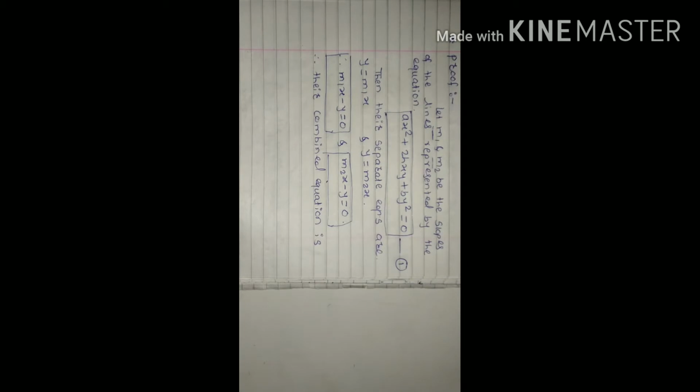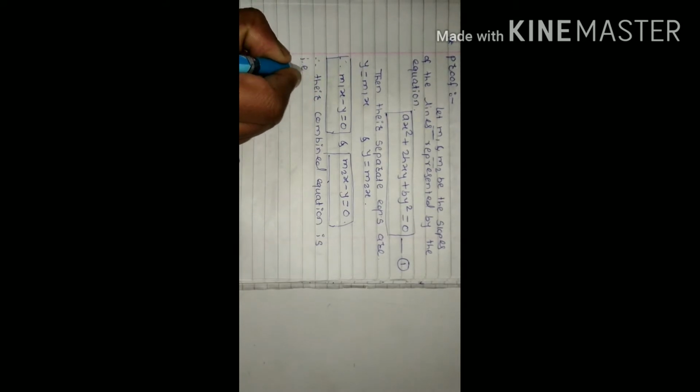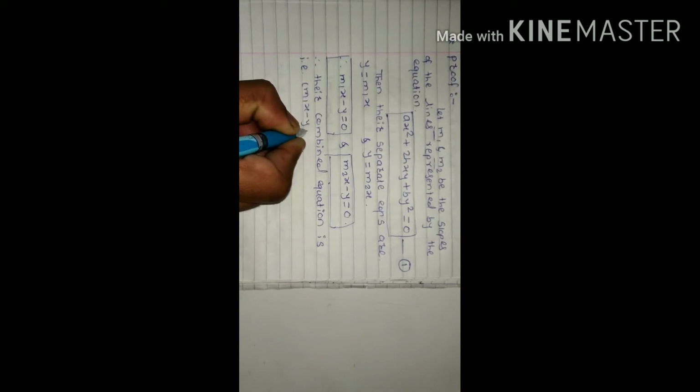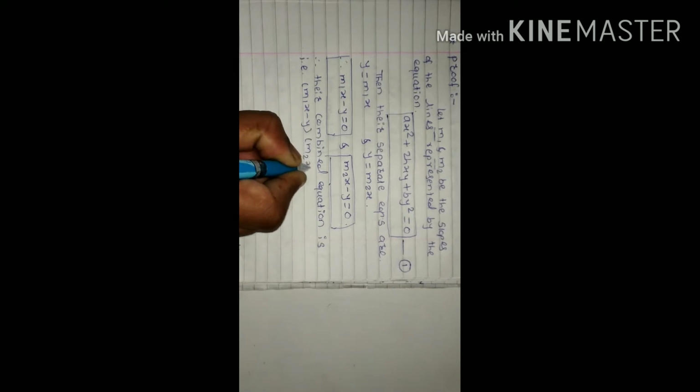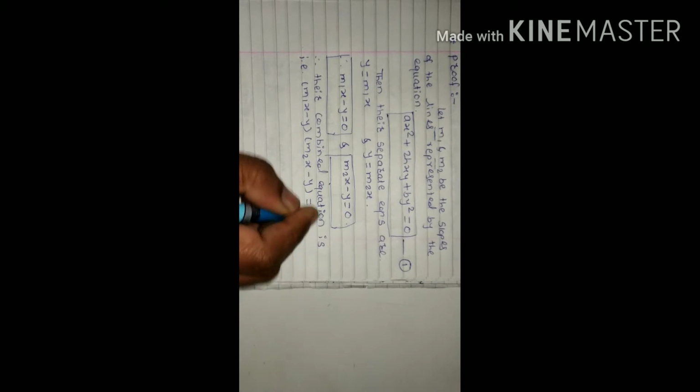Then their combined equation is the multiplication of both the above equations. We write the combined equation m1x minus y into m2x minus y is equal to 0.